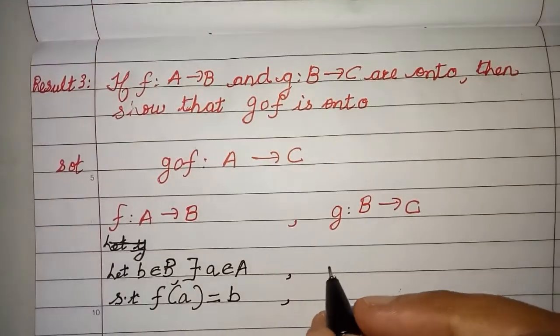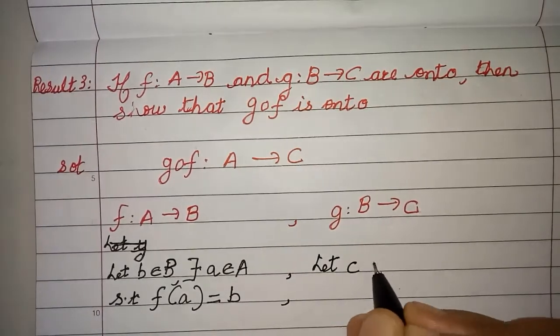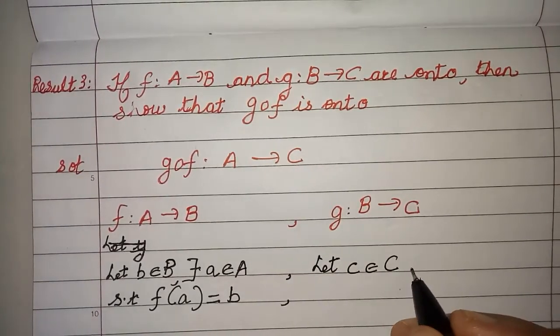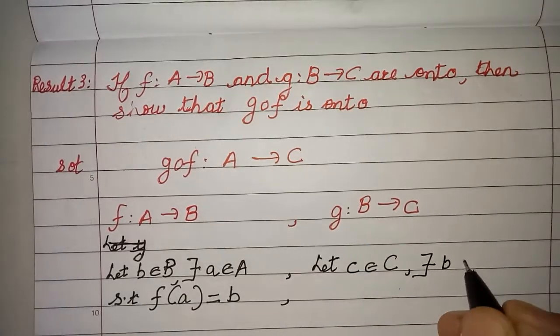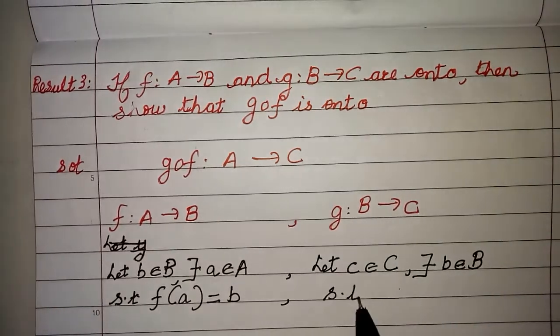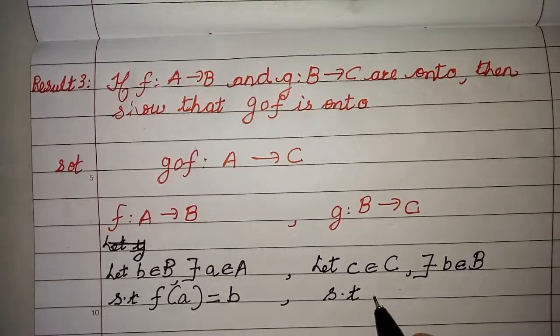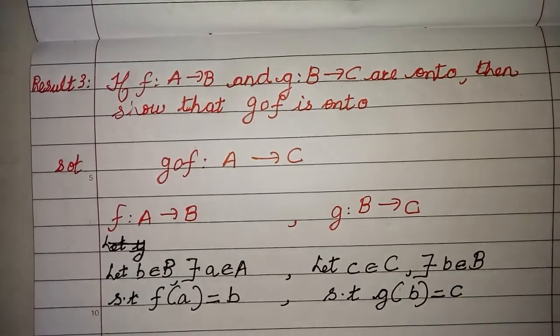This is the definition of onto. On this side, let c belong to C, then there exists a small b belonging to capital B such that g of b will be the same as c.